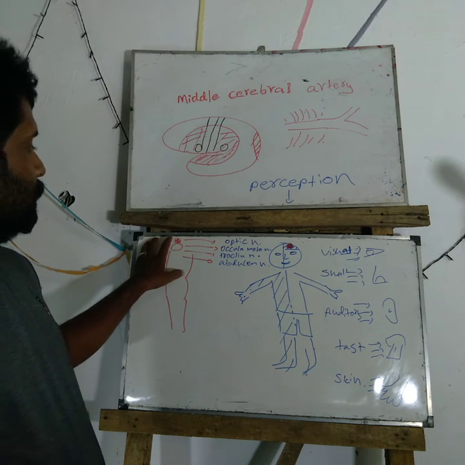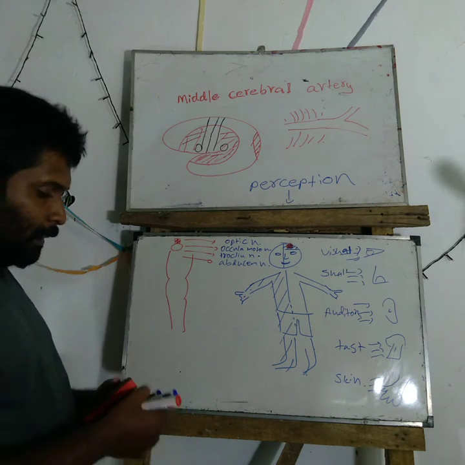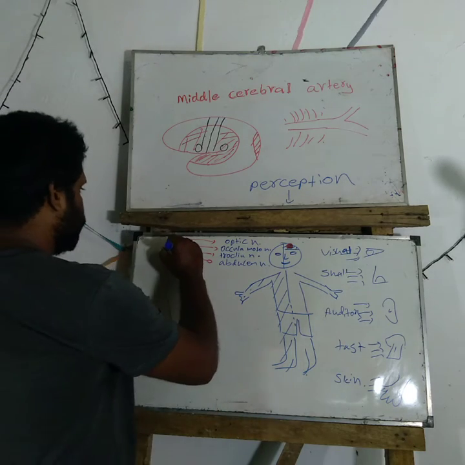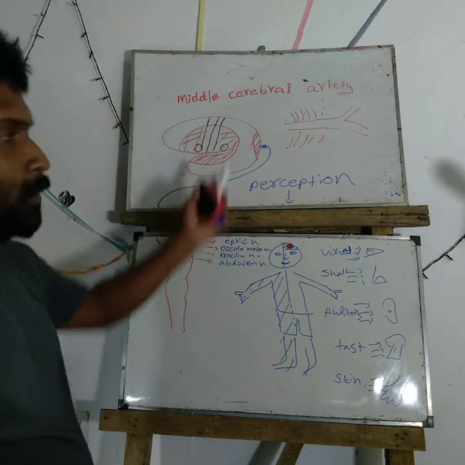It gives the optic nerve supply to the thalamus, the lateral geniculate body, and it connects to the posterior aspect of the brain. This is the visual cortex.